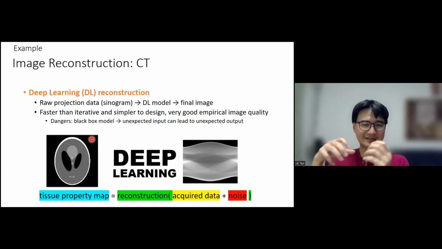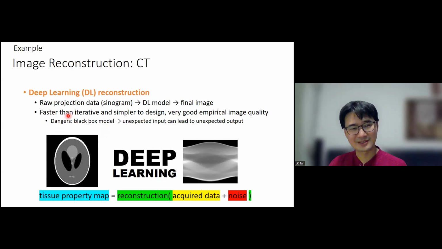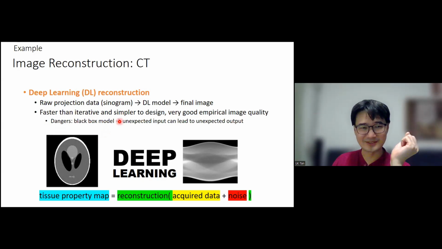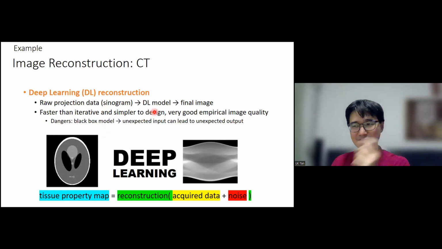Rather, it's end to end, in to out. The result is that it can produce very good images. It's faster than the iterative reconstruction we mentioned just now, simpler to design because you don't need to worry about all these physics models, and the image quality tends to be very good.